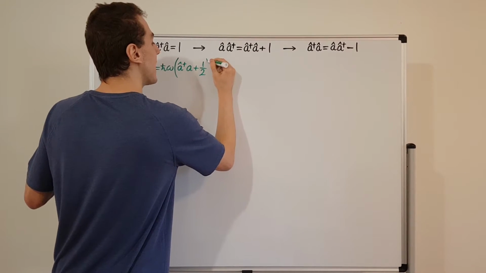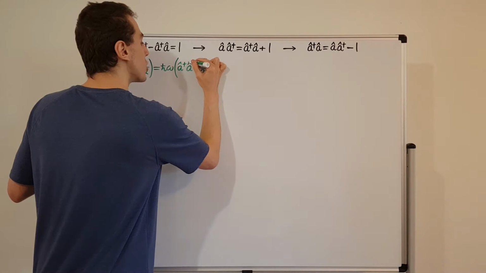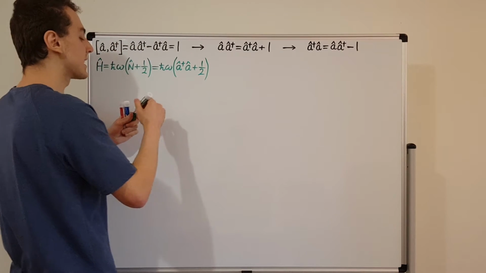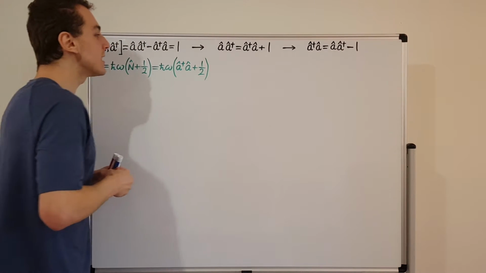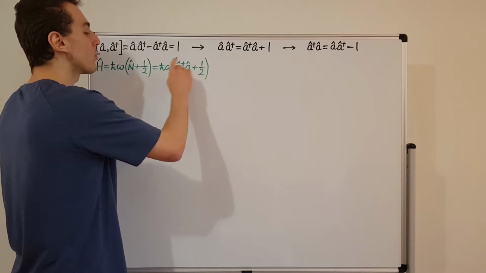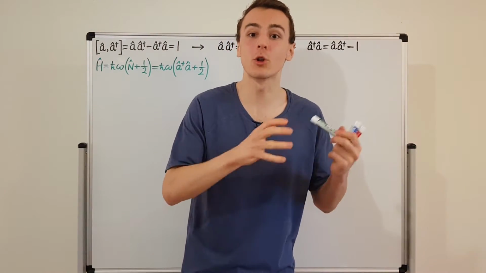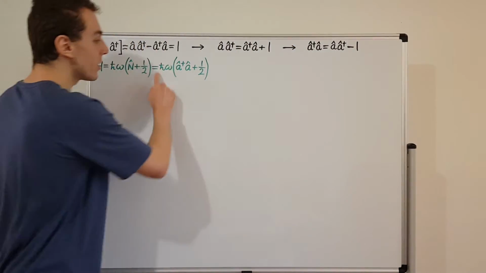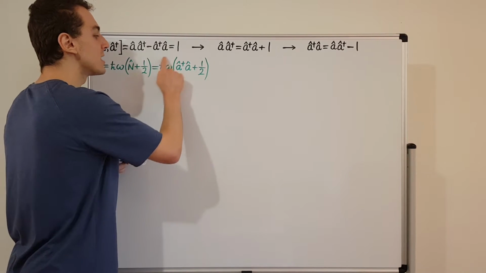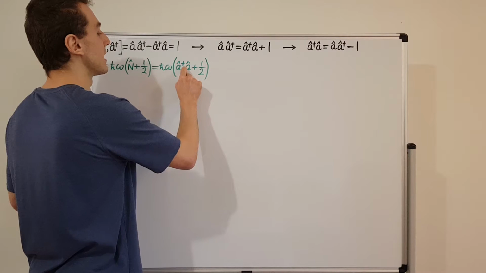So we have A dagger A. A dagger A is equivalent to N. And I'll make sure to put a little hat on top over here, because these guys are all operators. And the reason I am very meticulous about putting hats on top of all these operators is because I want to distinguish them very clearly from numerical constants. All of these guys out the front over here, H bar and omega, these guys are just constants out the front. These are the operators that we're dealing with.